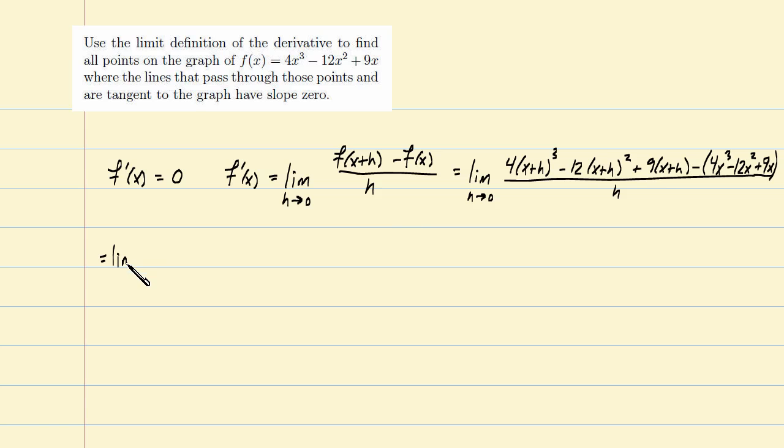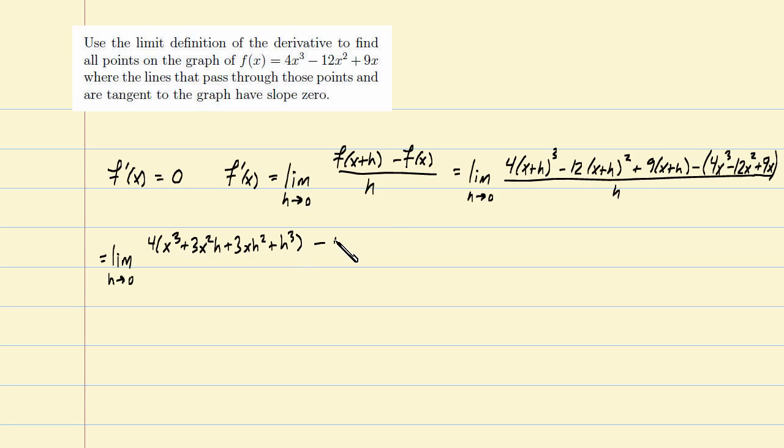We still, of course, have the limit as h goes to 0. This piece here is 4 times x plus h cubed. If you recall your special product rules, that should be x cubed plus 3x squared h plus 3xh squared plus h cubed. Of course, you can FOIL it out if you need to.